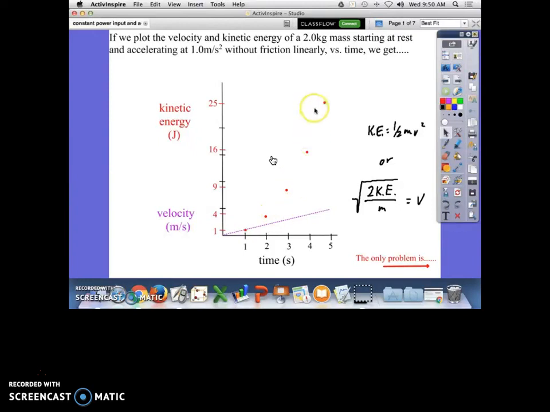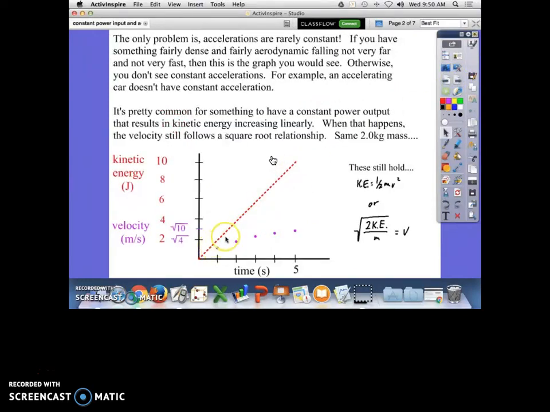But this just is a really rare situation. The more common one is to have the kinetic energy increasing linearly, but the velocity is the square root of that. So these same two equations still hold. But rather than focusing on the first one, where we're always squaring the velocity to get KE, the more common scenario is to take the square root of a function of the kinetic energy to get the velocity. So if the kinetic energy is increasing by 2, 4, 6, 8, and 10 joules every second, it's going up by 2.